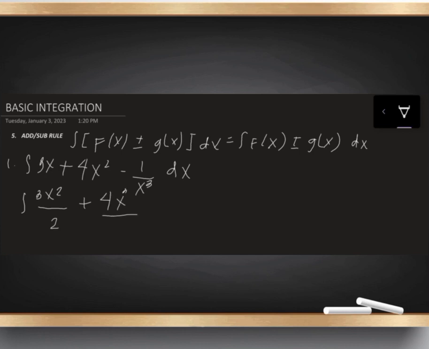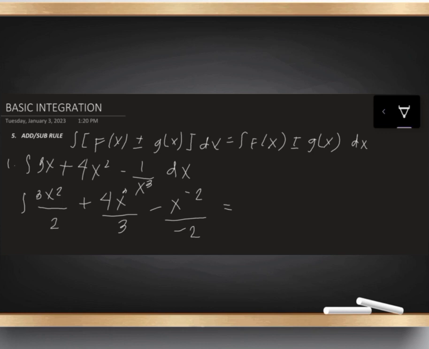So 3 minus, so again, the x raised to 3 is in the denominator, so we can pull it up. So it will be a negative exponent. So x, negative 3 plus 1 is negative 2. So negative 2 over negative 2. So simplify.